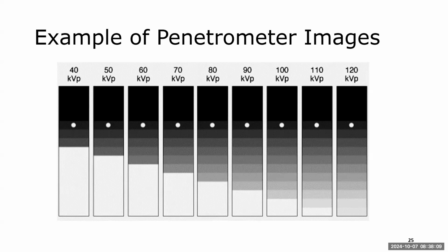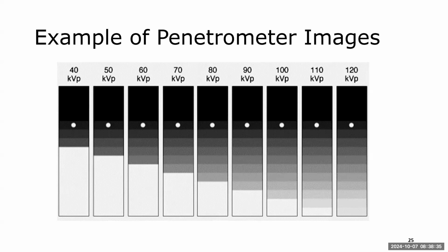That's right. So the penetration is becoming more uniform, right? As the kVp is going up, the part is becoming more uniformly penetrated, which means the brightness levels are getting closer and closer together.